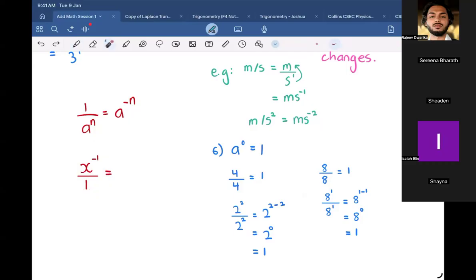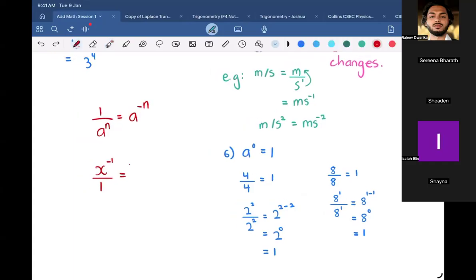Look at what I did in the first example. I took the base and I brought it to the top. By bringing it to the top, the sign for the power changed. So if I have x to the power minus 1, and I wanted that power to be positive, why would I have to send the x to the denominator? Exactly.